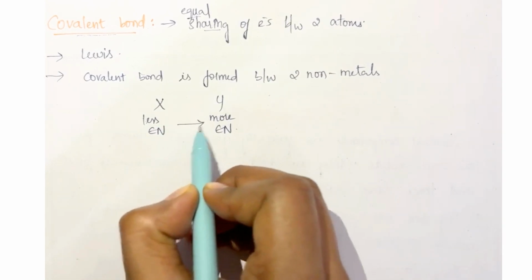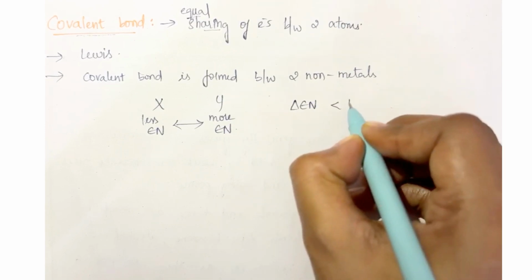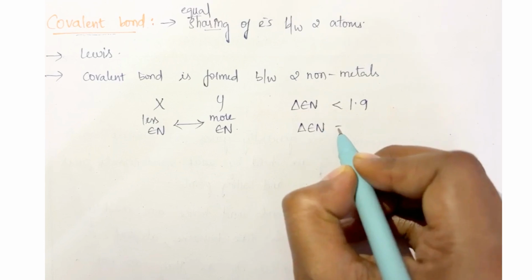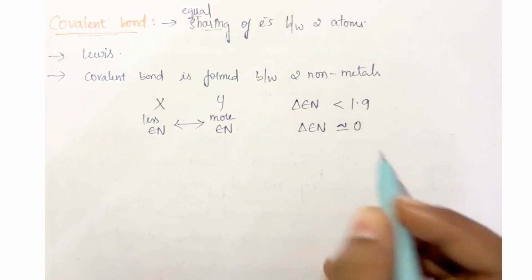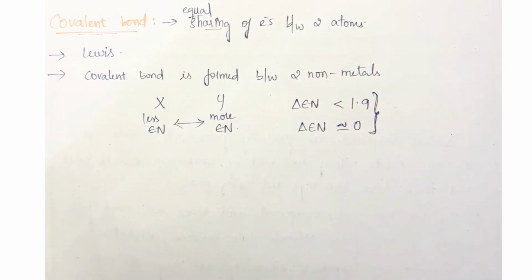That means this difference is not much. The difference in the electronegativity should be less than 1.9, or the difference in electronegativity is almost equal to 0. In these two cases only you can expect the covalent bond formation.